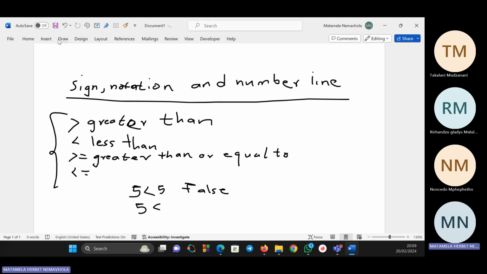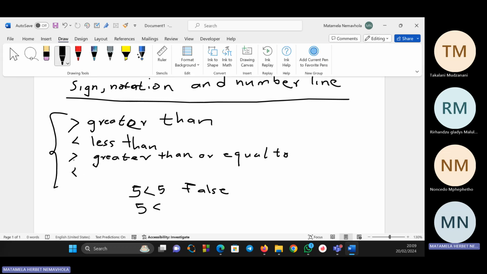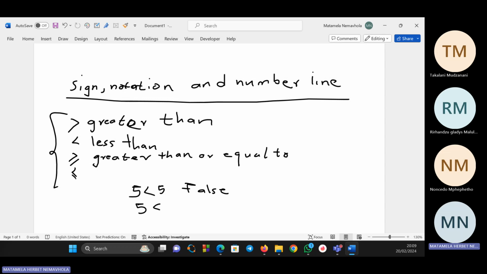Let me write it in the right way. I wrote it in the form of computer science because I also teach computer science students. In mathematics, you write it this way; in computer science, that's how you write it. Those are the things that you must take into account when you are working with these symbols.